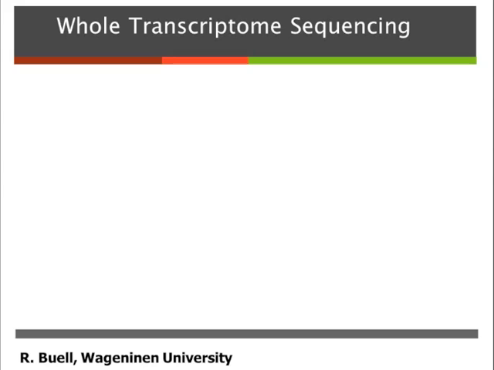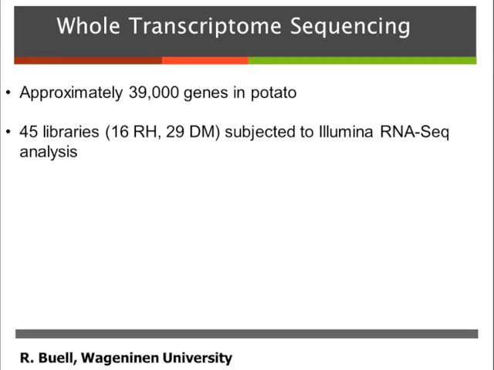So another activity inside the consortium that I was involved in was to generate a lot of transcriptome data, and I'm mentioning this because I think it's a really valuable resource for the community. We annotated about 39,000 genes in the genome, and between my group and the Wageningen group, we sequenced 45 libraries of cDNA. 29 of these came from the double monoploid and 16 came from RH, and just to let you know, these are heavily focused on tuber development.